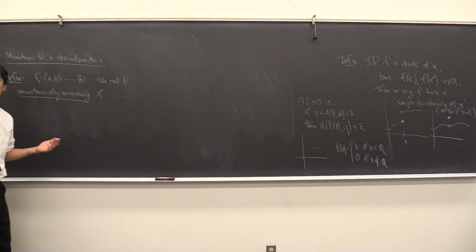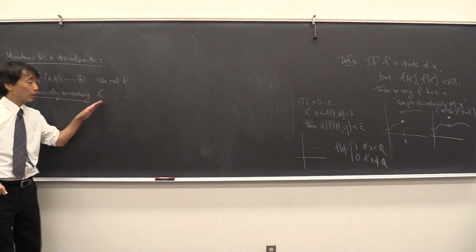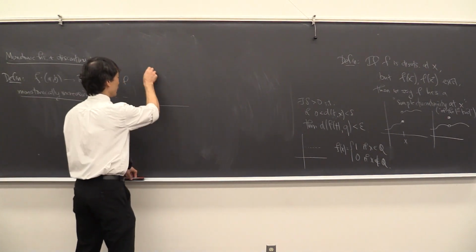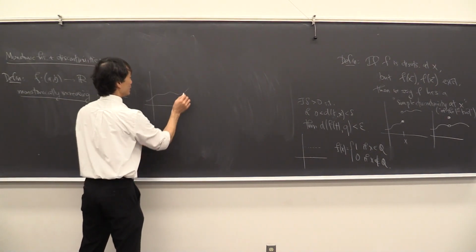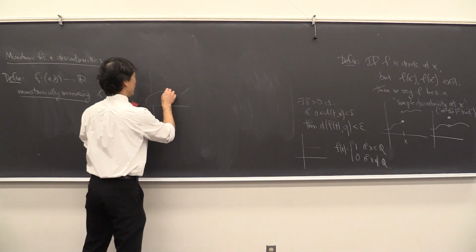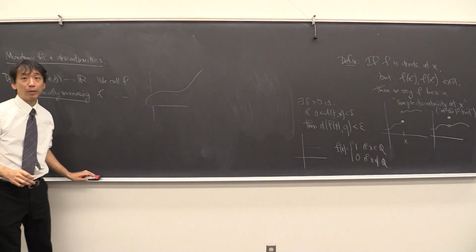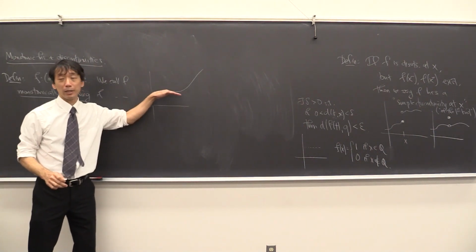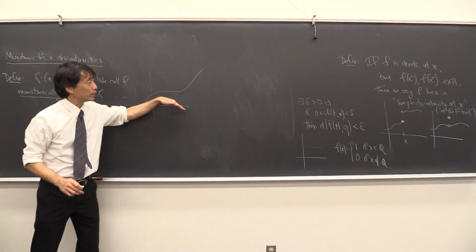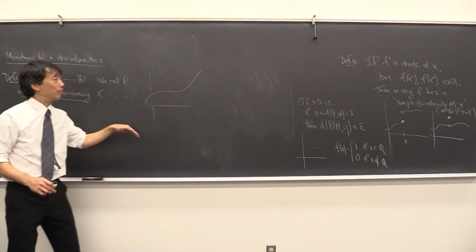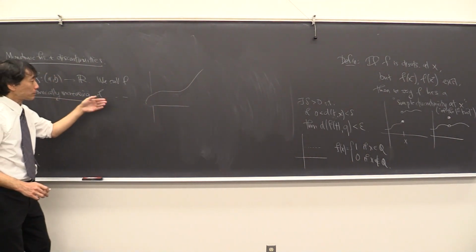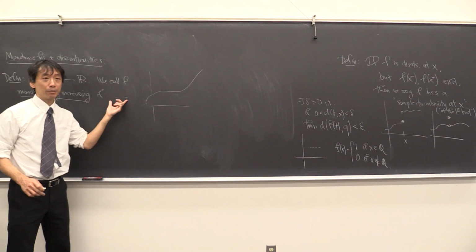You know what it looks like, right? It's a function that is just increasing. It could be flat. That flatness is okay, but it never is allowed to drop. How do we describe this mathematically?